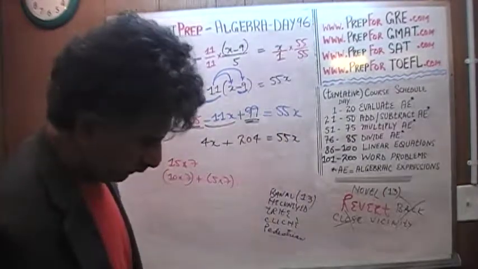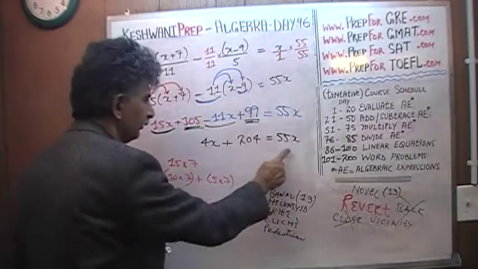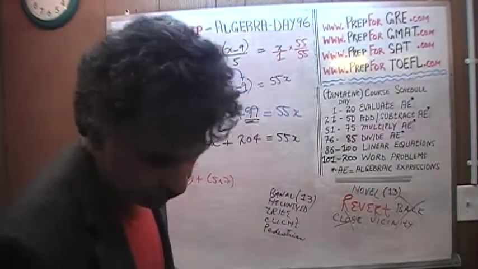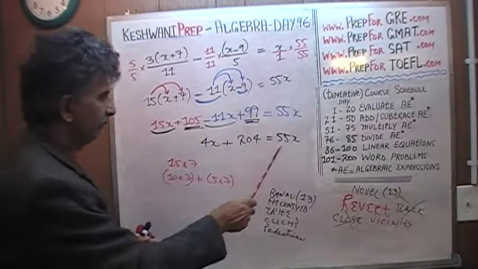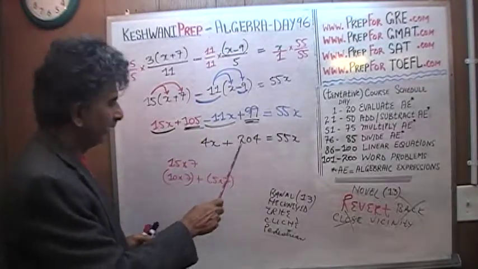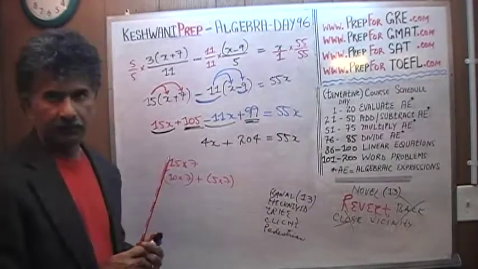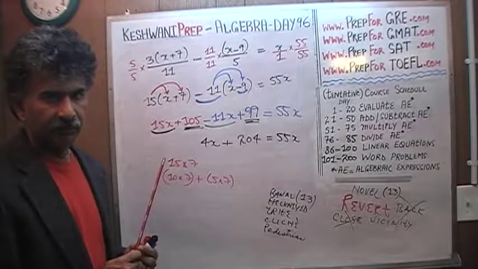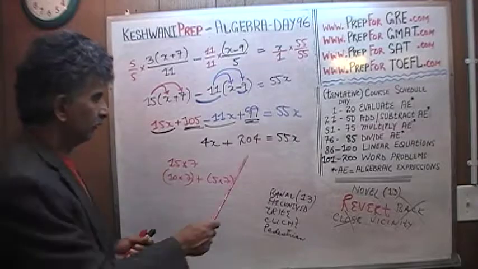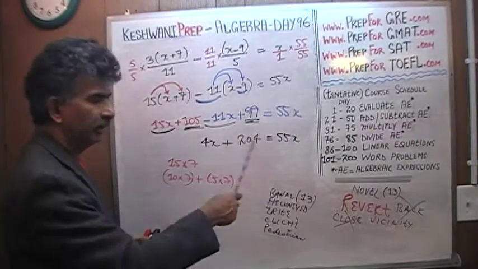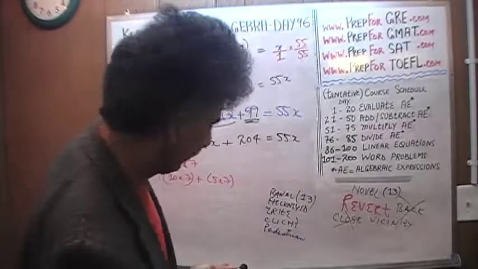Now, we need to bring this 4x to the other side. Now, ordinarily, convention dictates, tradition dictates that we bring the x to the left hand side and bring the constant to the right hand side. I'm going to violate the tradition for the time being, because if we were to bring 55x to this side, it will become negative. I don't want to deal with negative numbers.